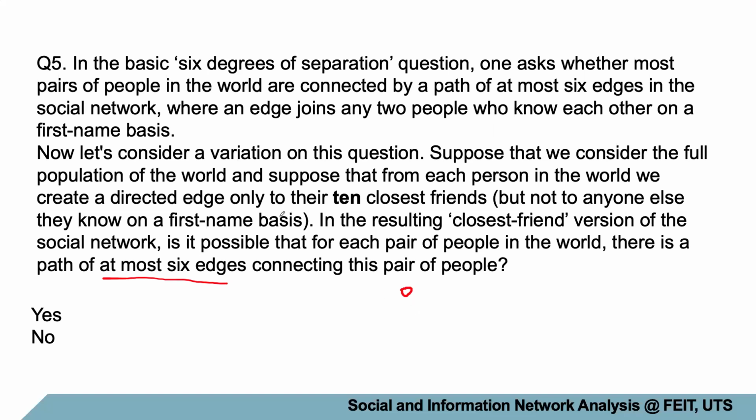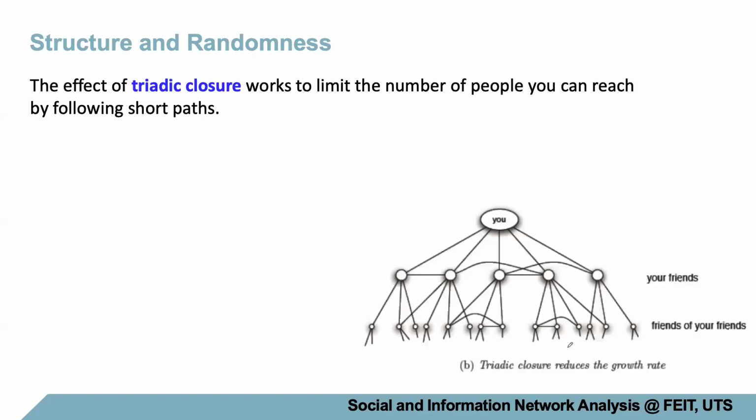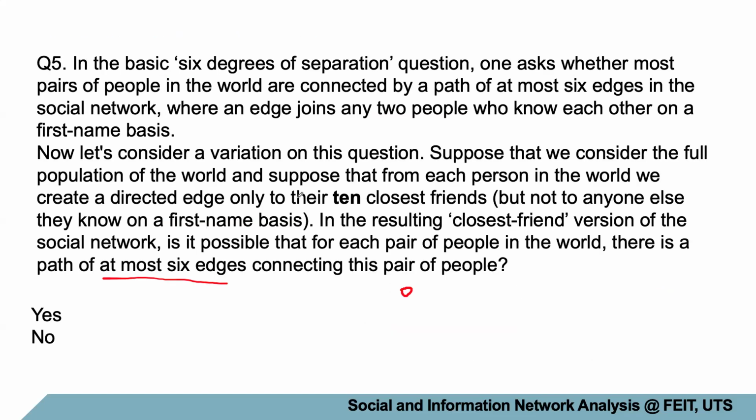This is just for you to understand the situation with triadic closure. The point is not about creating a graph with a high clustering coefficient. The limitation here is that we just tell you the number 10 is small because we only connect to closest friends, not to any people we know, any acquaintances. Yeah, that's the point here. Yeah. Thank you.